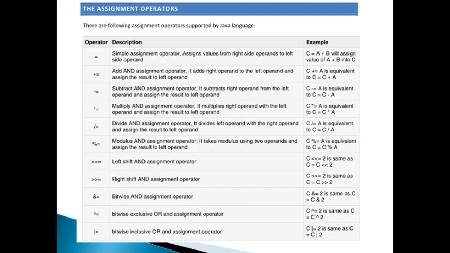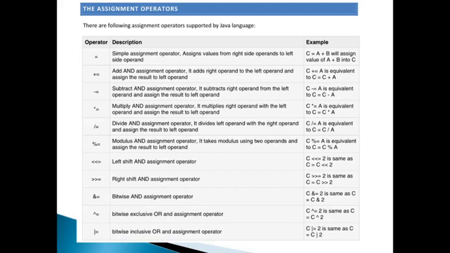Now this A is equal to A plus 2 can also be written, as we have the liberty in Java, by using the plus equals operator, the operator sign with equal to appended to it. So A is equal to A plus 2 can also be written in Java as A plus equals 2. In the same manner, minus equals means A is equal to A minus 2.